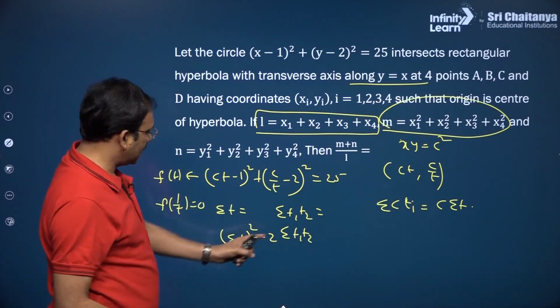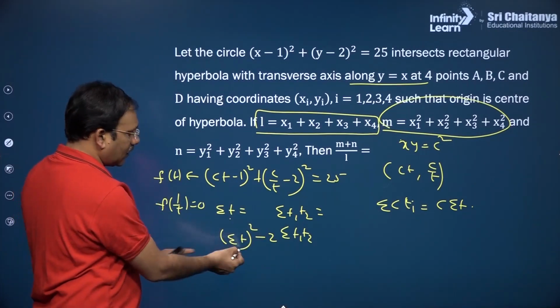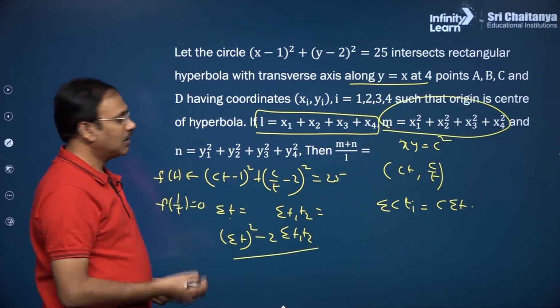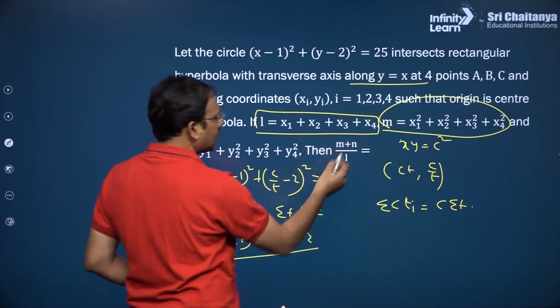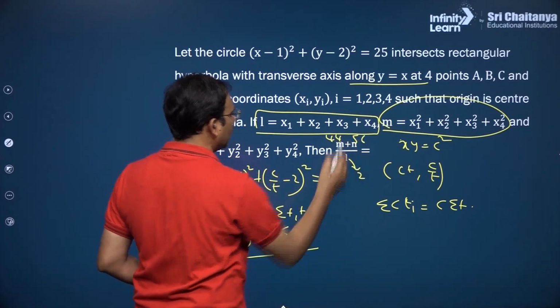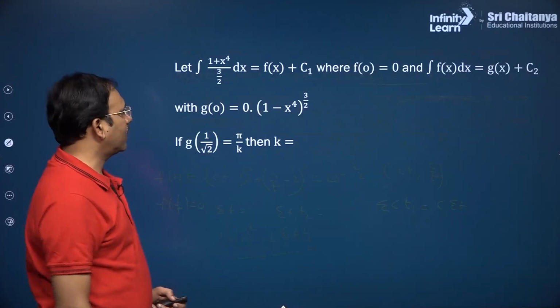Then you apply the same, sigma 1 by t1, sigma 1 by t1 square, you find, you apply the same result, you will get the m value. So friends, you will get m plus n; you will get L mostly 2, this is 44, this is 56, you will get 100 by 2 which is 50, my dear friends.